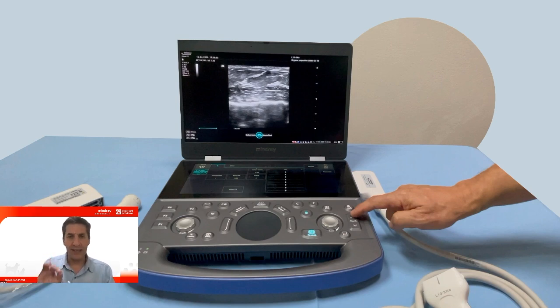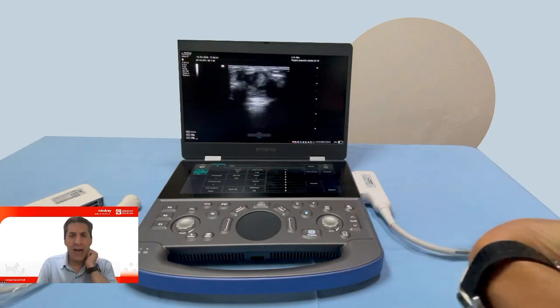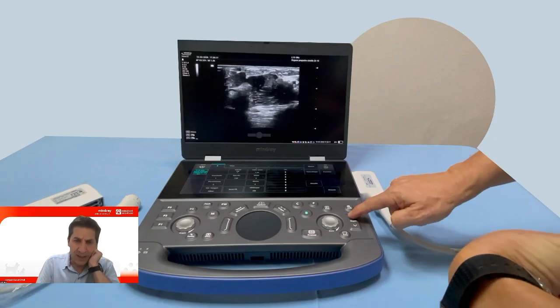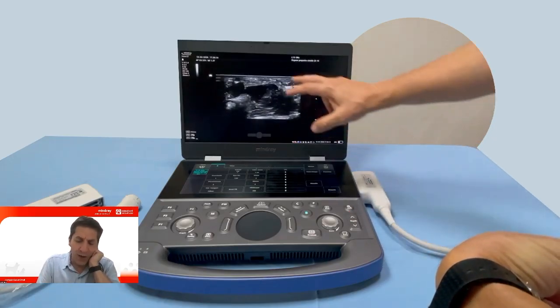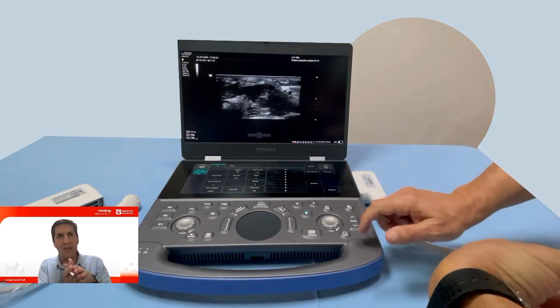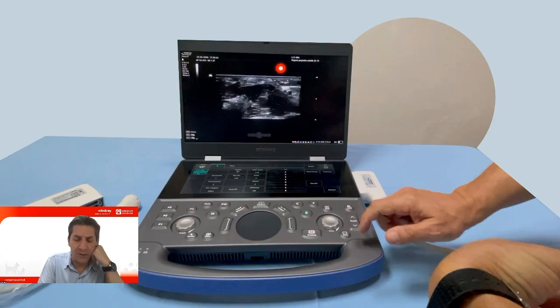So gain is one of the buttons we are going to use routinely. Another important setting is the depth. As you can see, when we have a depth screen, perhaps our target is at the top of the screen.